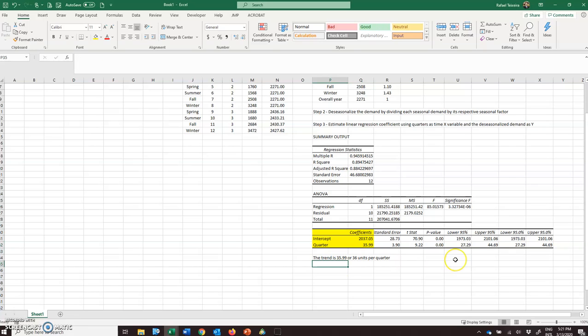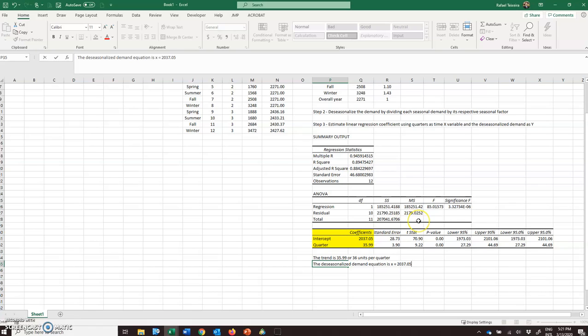Okay, the seasonalized demand equation is, or the demand is going to be equal to 237.05, which comes from here.